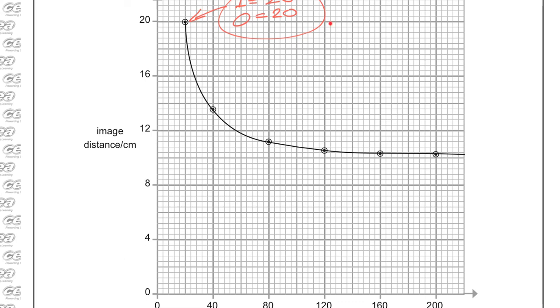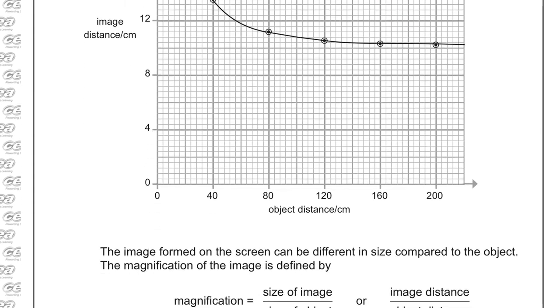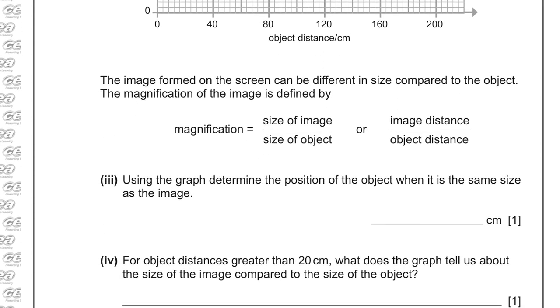So I equal to 20, O equal to 20 is what we're looking for there. And that corresponds to putting your object at 2f out from the lens. So 20 centimeters would be the right value for that.